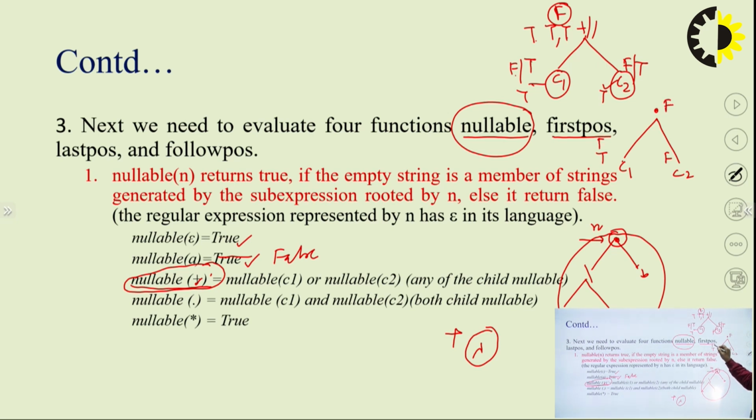Whenever both are true, it returns true. That means concatenation is nullable only when both children are nullable.